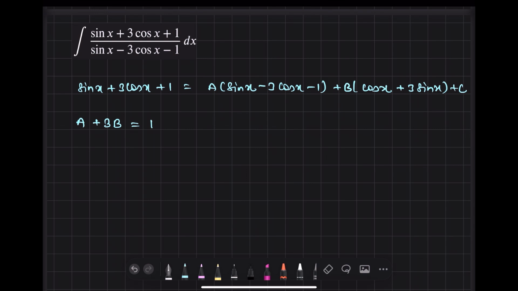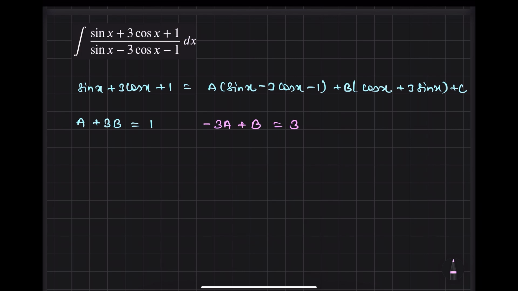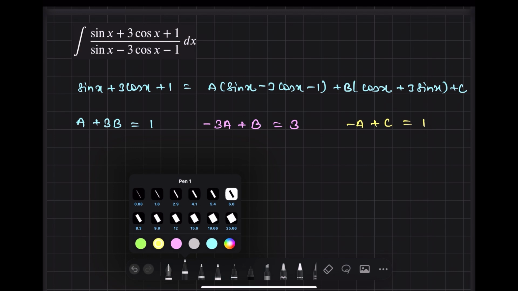Now the coefficient of cos x: minus 3a plus b equals 3. Now the constant part: minus a from the first part, nothing from b, and c, equal to 1 on the left hand side.